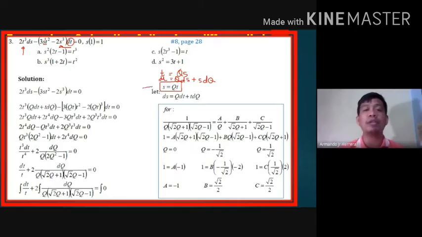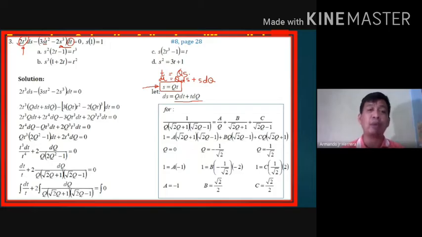Whereas, if I am going to use S is equal to Q of T, Q times T, ang aking ds ay magiging Q dt plus T dq to be multiplied by this coefficient 2t cubed. So, syempre, it is better na mag-multiply tayo ng one term by two terms kesa dun sa two terms by two terms.